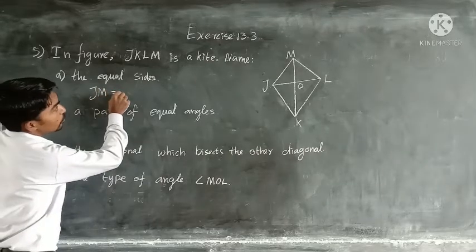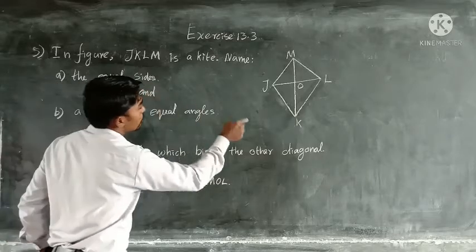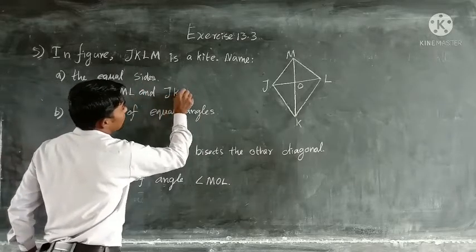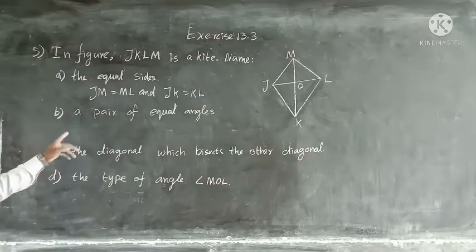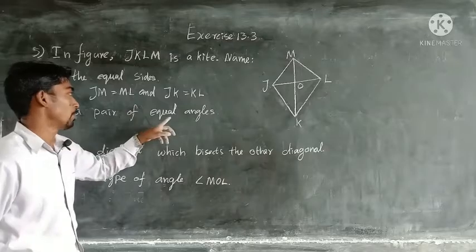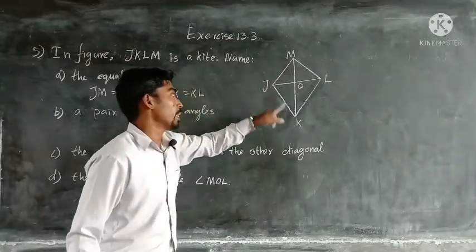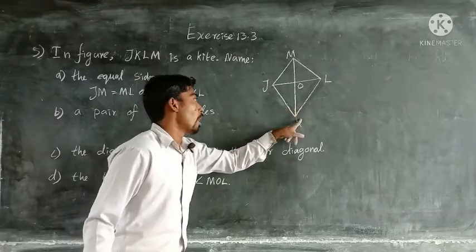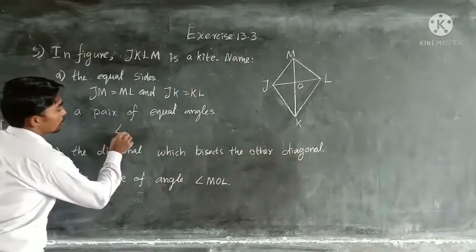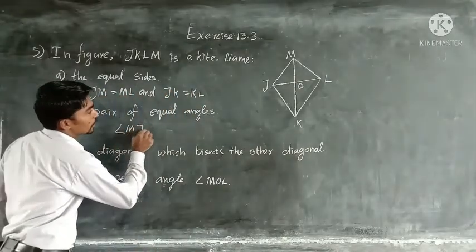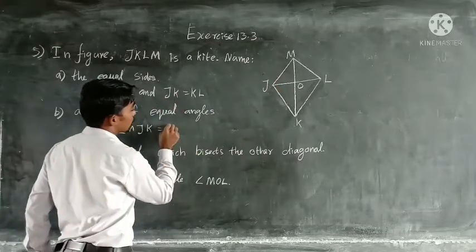JM is equal to ML and JK is equal to KL. Next we are going to name a pair of equal angles. Here angle MJK is equal to angle KLM. Angle MJK is equal to angle MLK.